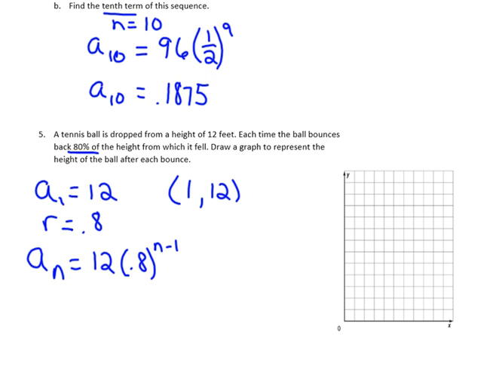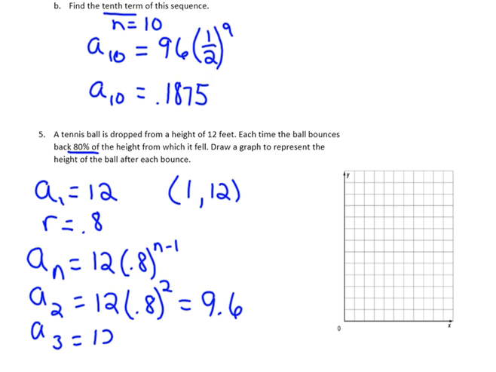So if I do my second term, I've got to get some numbers here for my graph. So 12 times 0.8 to the first, which turns out to be 9.6. If I do my third term, 12 times 0.8 to the, ooh, I did that wrong. Sorry, I put the wrong number in there. That should have been the first.